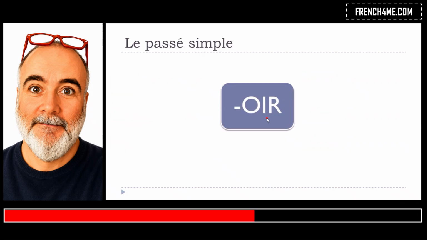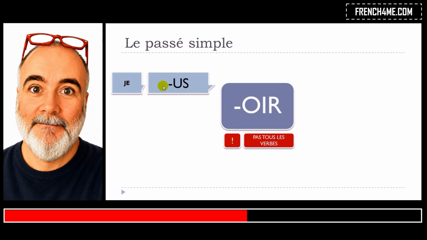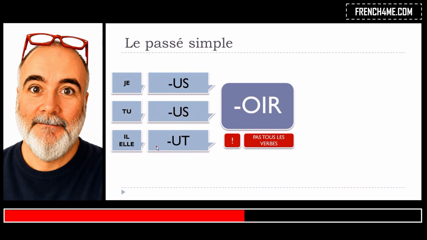Okay, so let's continue now with these groups. So we're talking about the verbs ending with OIR, but then of course, as usual, I'm honest with you, we're not talking about all the verbs, but most of them, okay? And the endings will go like je, us, tu, us, il, elle, ut, okay?